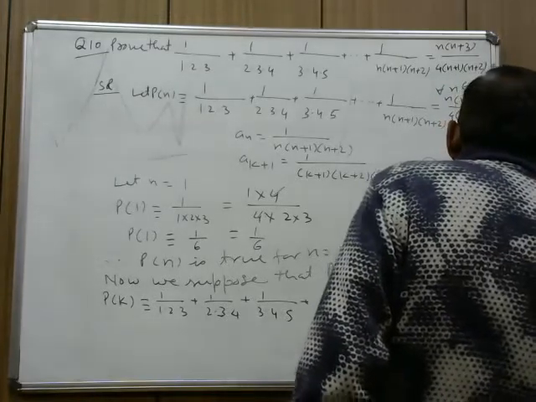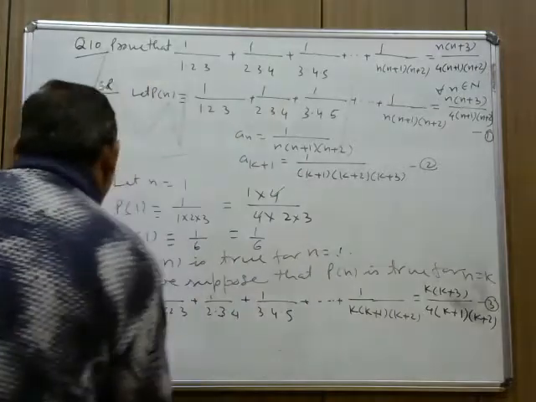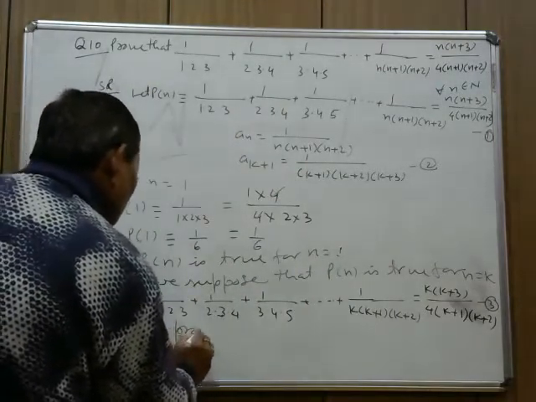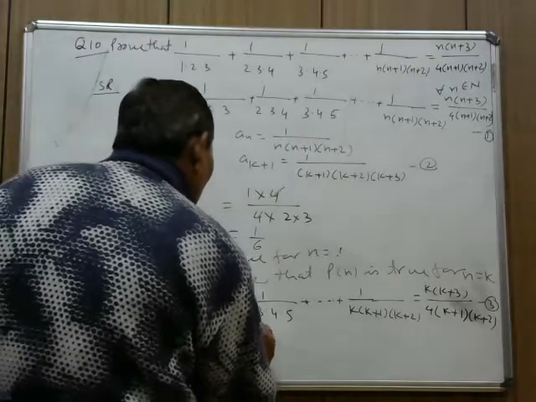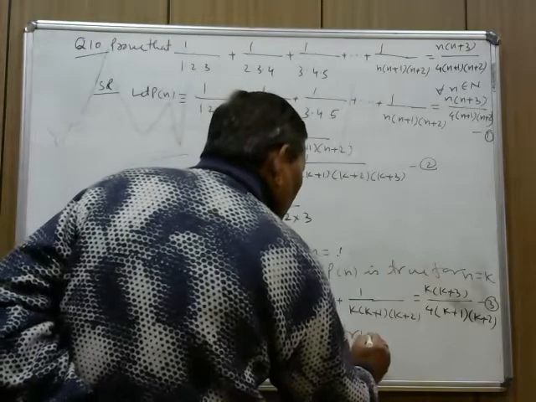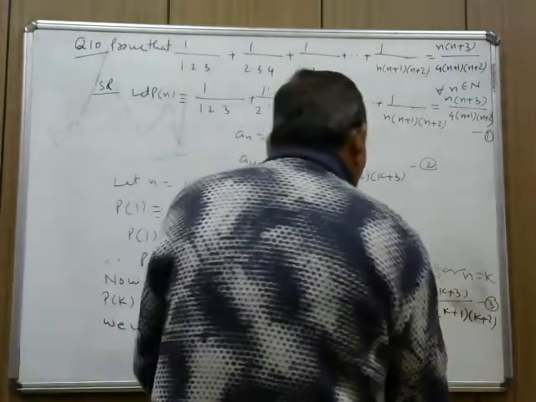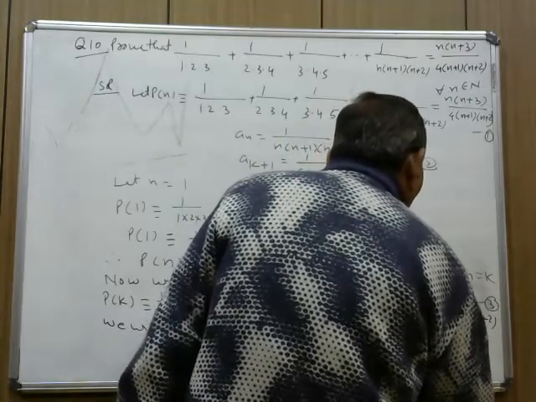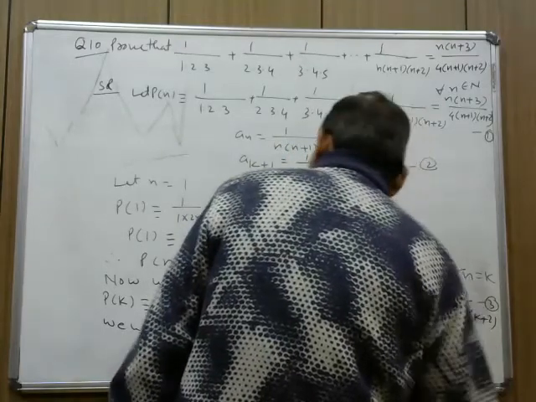This is 3. We will prove that P of n is true for n equal to k plus 1.